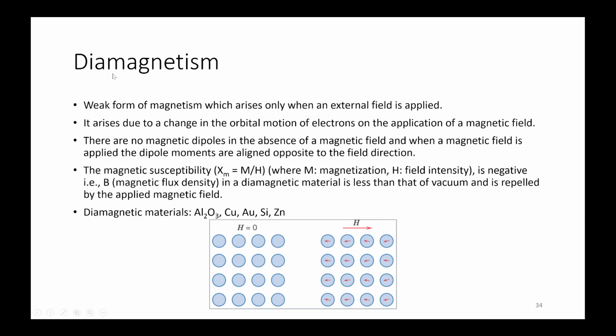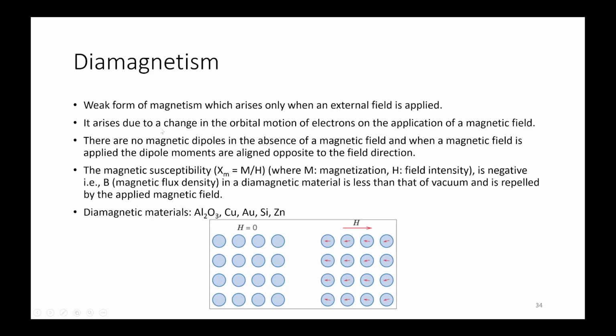Now there are mainly 5 types of materials in terms of magnetic properties. First are diamagnetic materials, and the property is diamagnetism. This is a weak form of magnetism which arises only when an external field is applied.